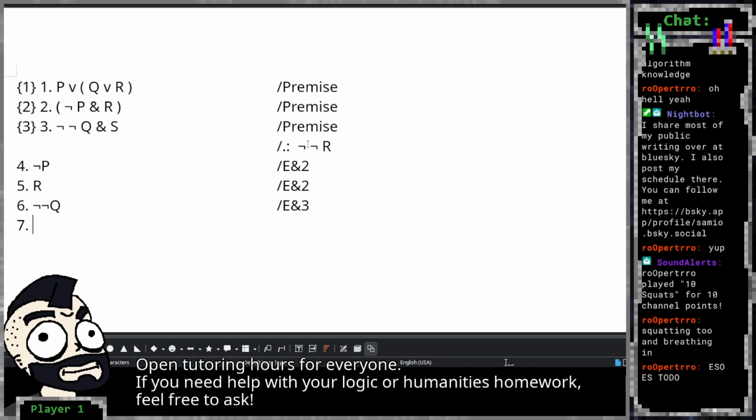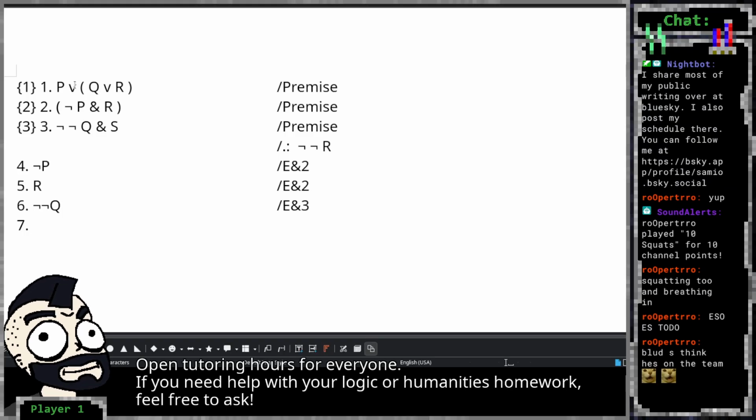The conclusion is not R. S does not show up in any other part of the argument, so we don't really need S. S only appears on this part of the argument. So we only have one left to analyze.